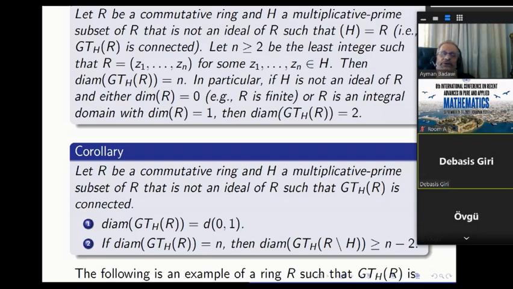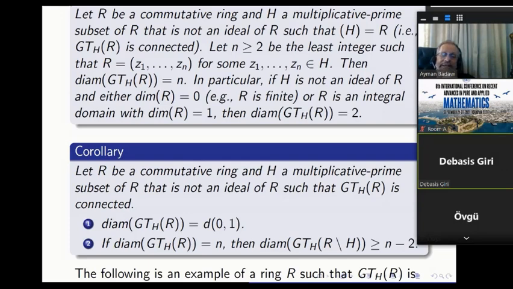And this is kind of interesting. It's different from the case when H is an ideal. Remember, when H is an ideal, the diameter cannot be more than 0, 1, 2, or infinity, right? Whereas if H is not an ideal, then we allow the diameter to be any integer.